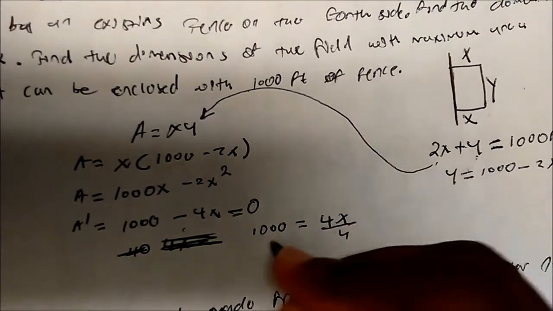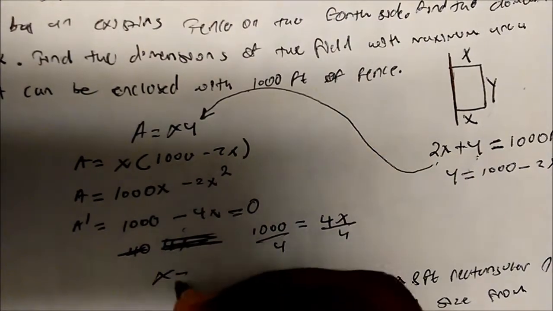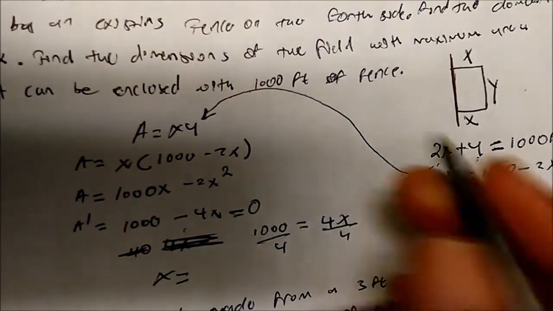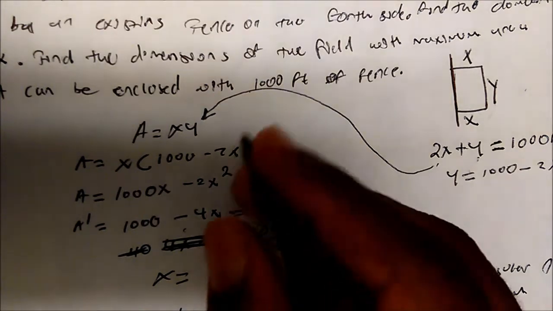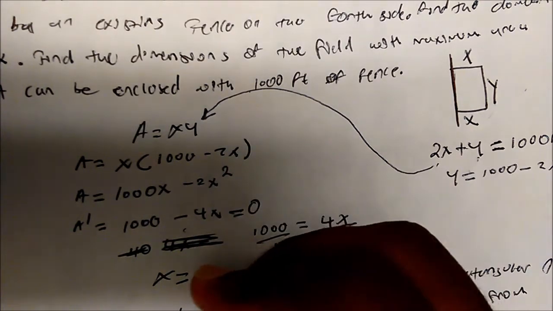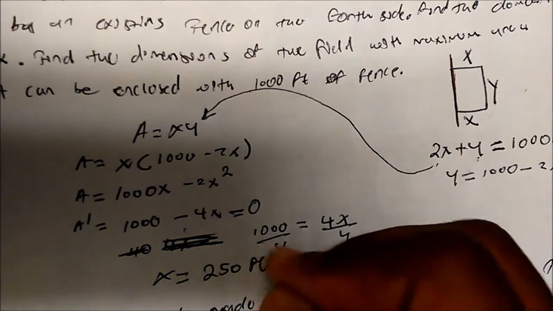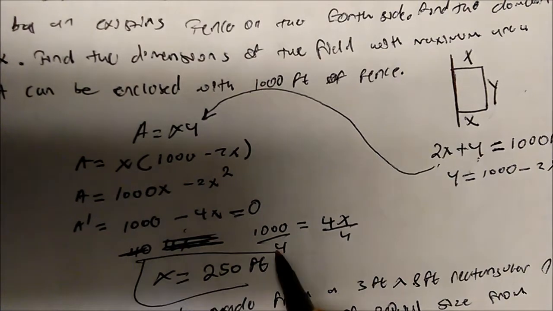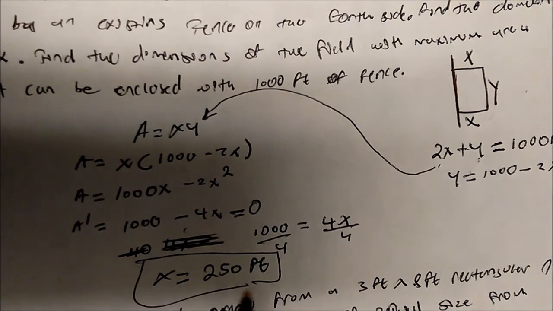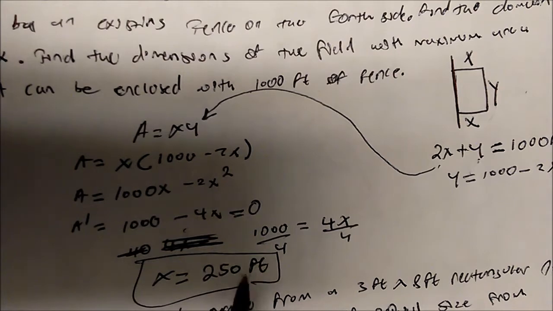Divide by 4 on both sides, and you get x equal to 1,000 divided by 4, which is 250 feet. So this is the x value that gives the maximum area. x will be equal to 250 feet.